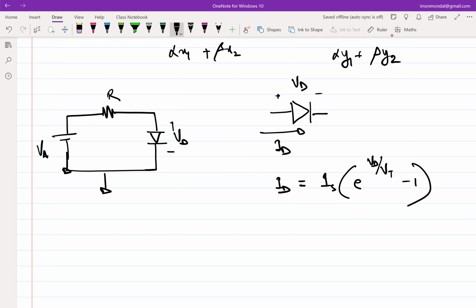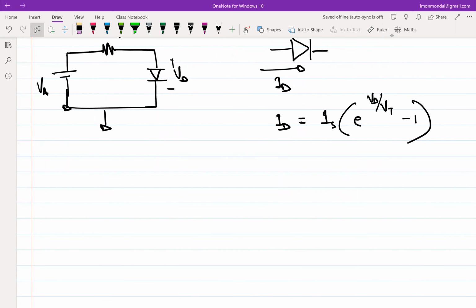Because I'm assuming that there are folks who are taking double majors and all, right? Okay, fine. If all of you know this, then I won't spend too much time on this. So, what is VT? Yeah, it is KT over Q, and we generally approximate it to 26 millivolt at room temperature, right? At 300 Kelvin.